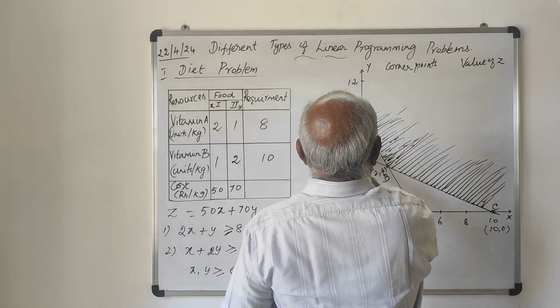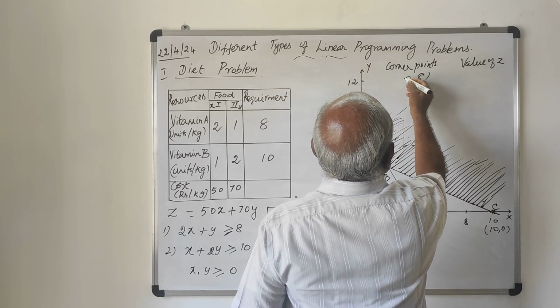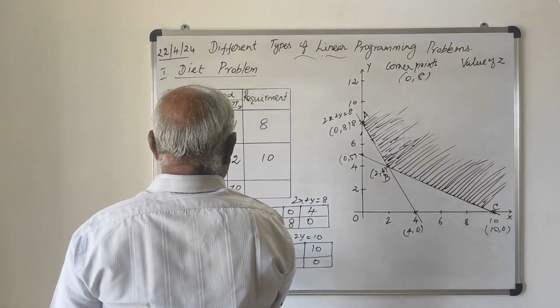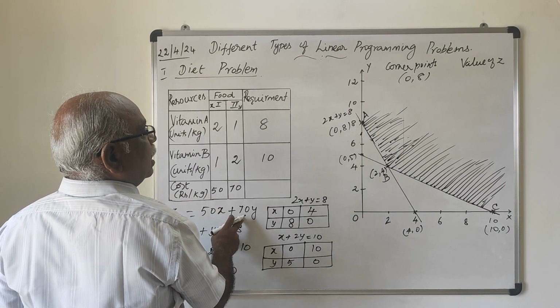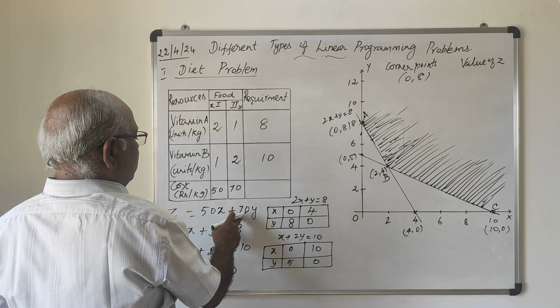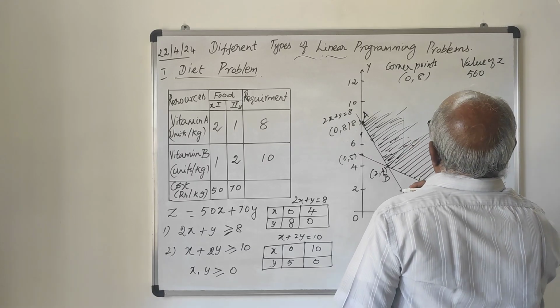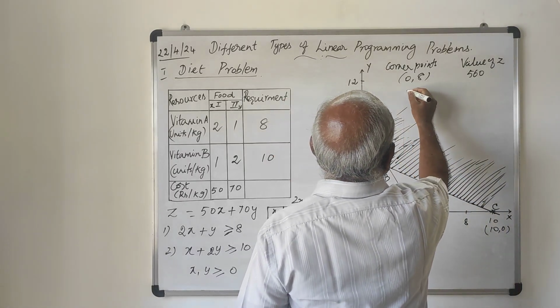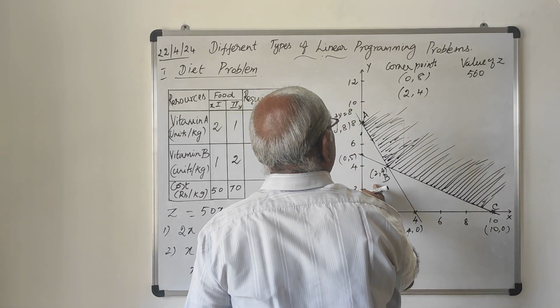Corner point, first point A, 0, 8. Value of Z, if you substitute x equal to 0, y equal to 8, 70 times 8 is 560. Second, B, 2, 4. X is 2, y is 4.